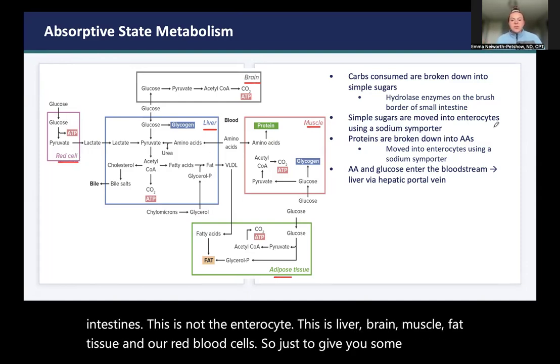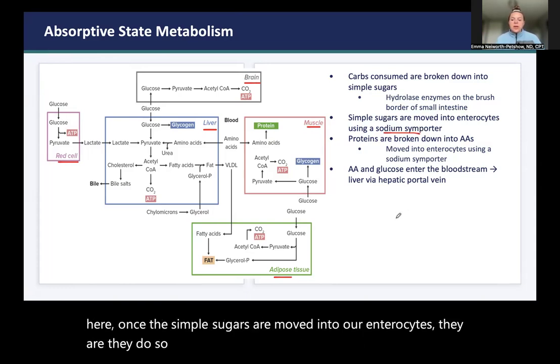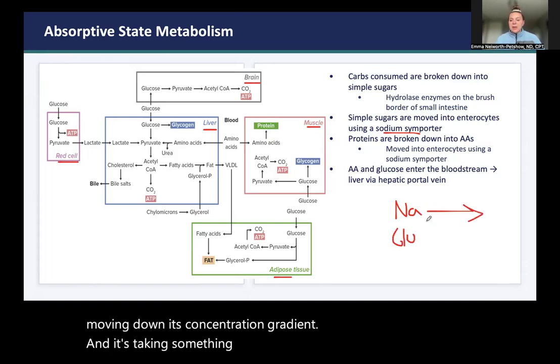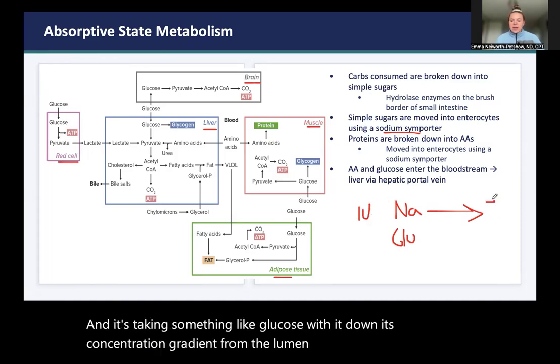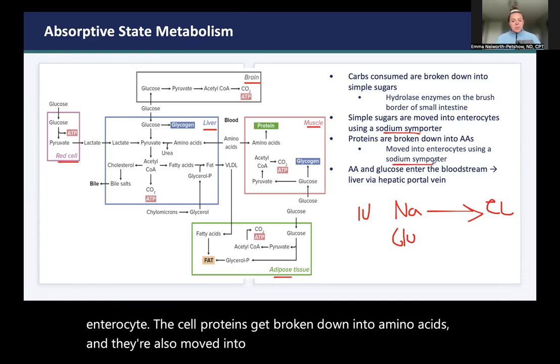Once the simple sugars are moved into our enterocytes, they do so using a sodium symporter. Again, sodium is moving down its concentration gradient and it's taking something like glucose with it, down its concentration gradient from the lumen of the gut to the actual enterocyte, the cell. Proteins get broken down into amino acids, and they're also moved into enterocytes using a similar sodium symporter.